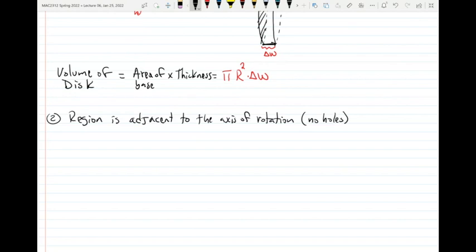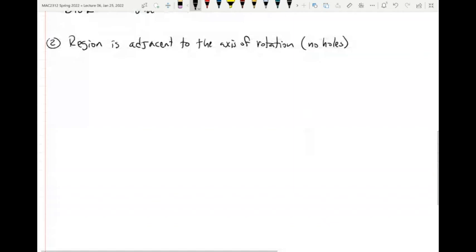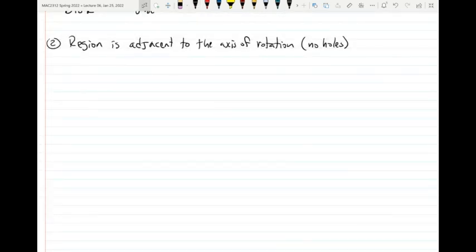Now, I'm going to give you 2 formulas because there are 2 variations. One, if you rotate about something that's parallel to the x-axis, and another if you rotate about something that's parallel to the y-axis. So I'm going to write 2 columns here, because it's the same thing, it's just that one is going to be in terms of x and the other in terms of y. So: axis of rotation parallel to the x-axis.